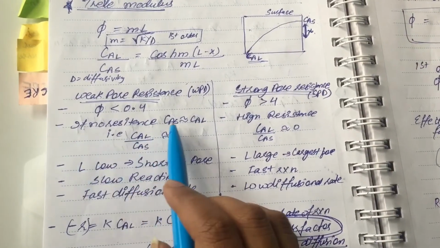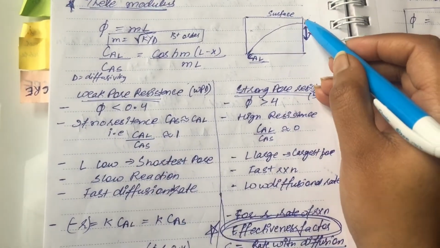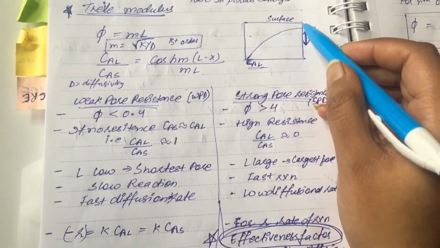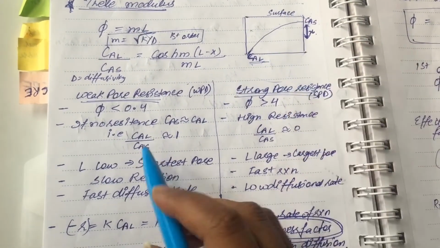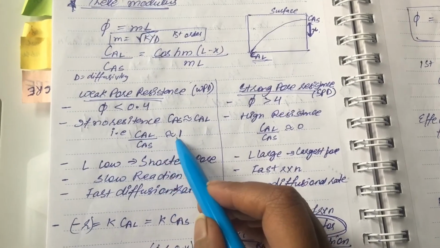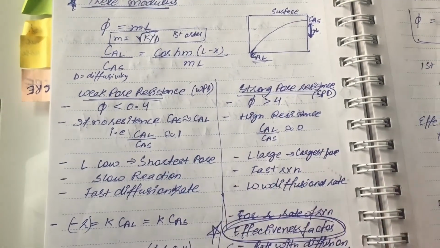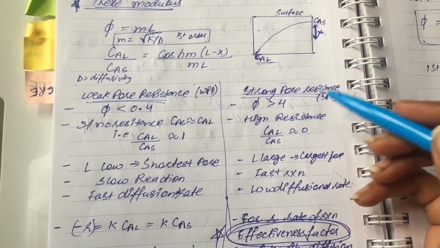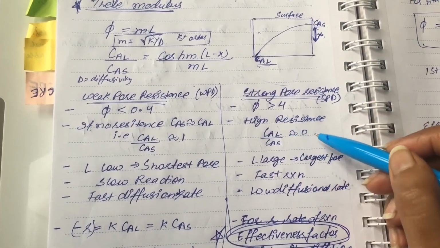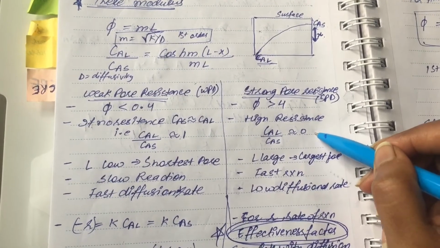So no resistance means that the concentration at the surface would be approximately equal to the concentration at the length of the pore, which is CAL by CAS approximately equal to 1. While in case of strong pore resistance, there would be high resistance, which means CAL by CAS would be approximately equal to 0.